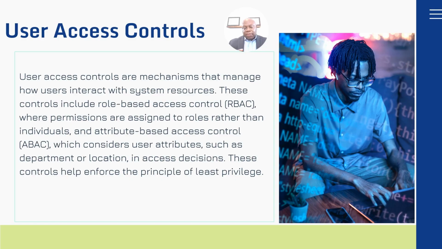Now, building upon that, we have user access control. The user access controls are a mechanism that manages how users interact with system resources. Now, these controls include what I described before as role-based access controls, where permissions are assigned to a role rather than an individual.